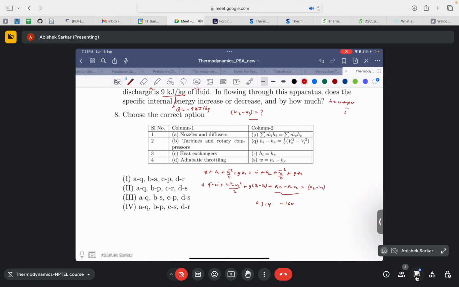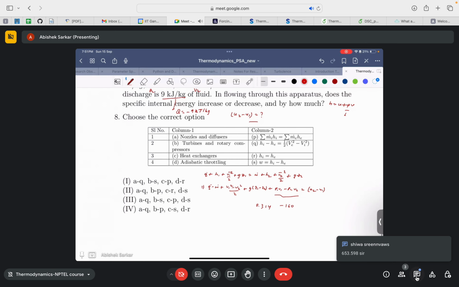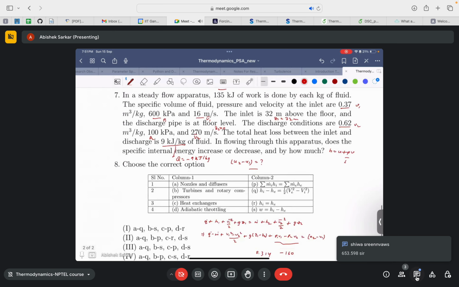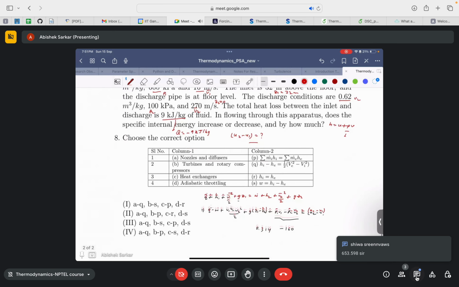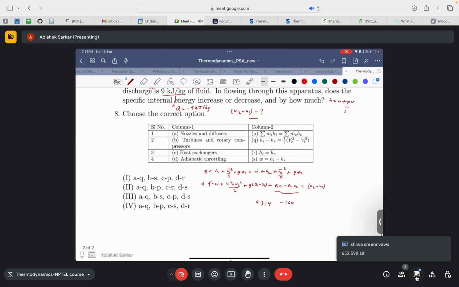The kinetic energy term, you just cross verify with me as well. Let us try to do it together. V1 is 16, V2 is 270, right? So 653.598.